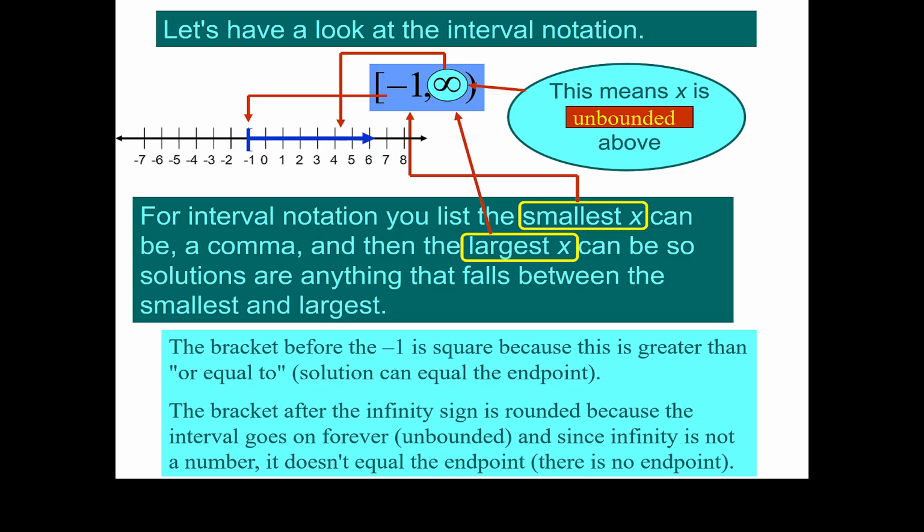The bracket before the -1 is square because this is greater than or equal to. Solution can equal the endpoint. The bracket after infinity sign is rounded because the interval goes on forever. It's unbounded. And since infinity is not a number, it doesn't equal the endpoint. There is no endpoint because it goes on forever.